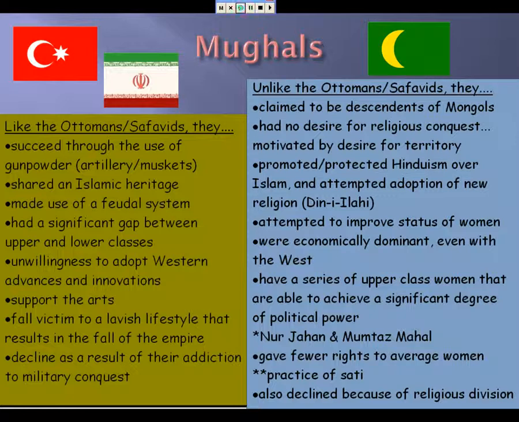So again, they're not doing this to spread their religion because they don't have a single unifying religion in India. They're pretty well split between Hinduism and Islam and even a little bit of Buddhism and Christianity. That is going to factor a lot into how the Mughal Empire is shaped.